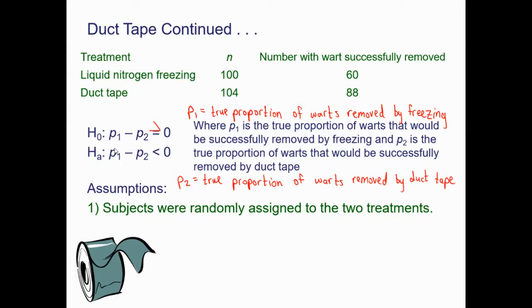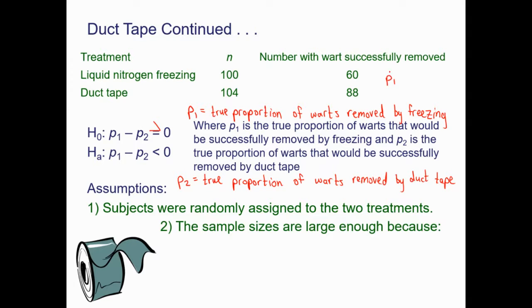And then now we have to check, is the sample large enough? Well, we can't do that on this one. We're dealing with proportions. So we have to find P1 hat and P2 hat.